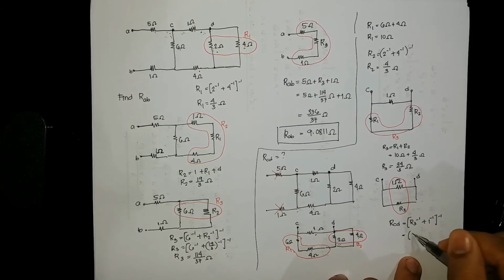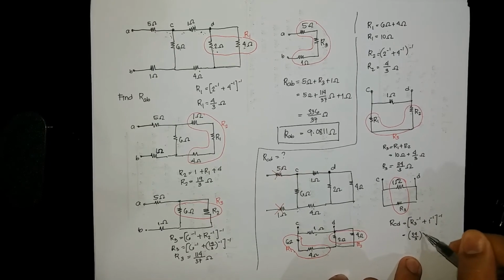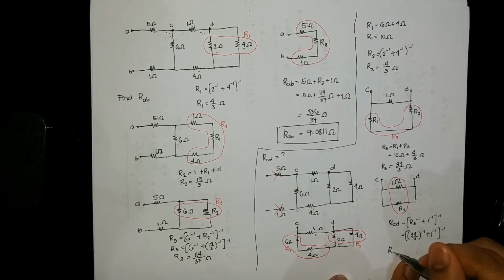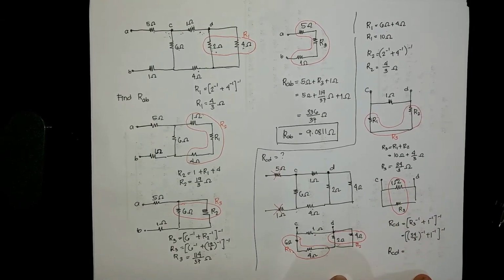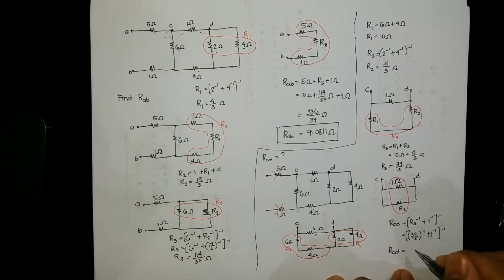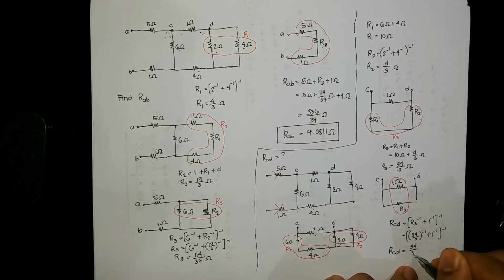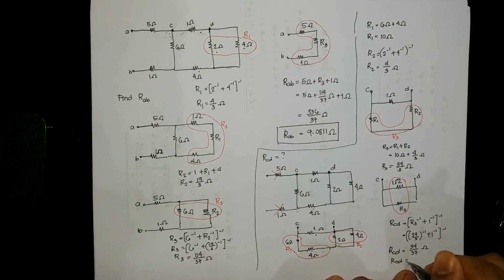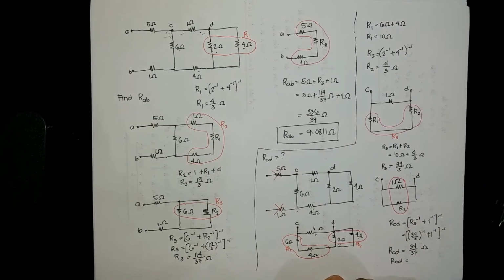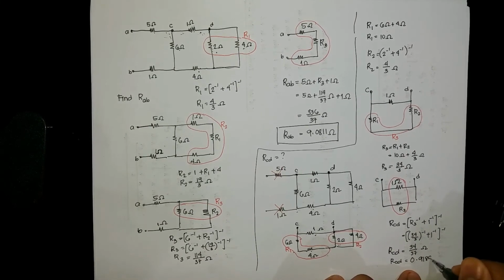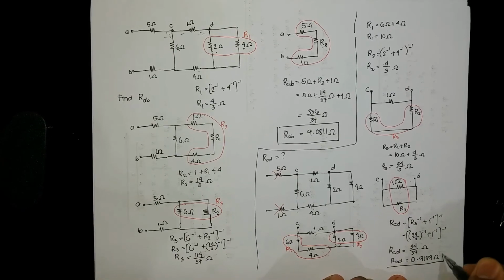Substituting the value, you have 34 over 3 inverse plus 1 inverse, inverse. That is how much? You have 34 over 37 ohms, or in decimal, that is equal to 0.9189 ohm.